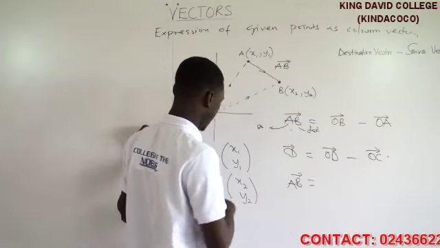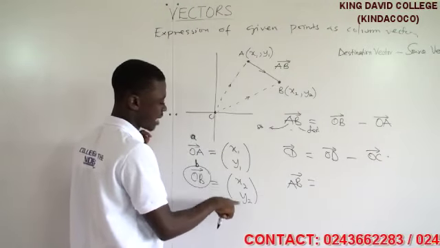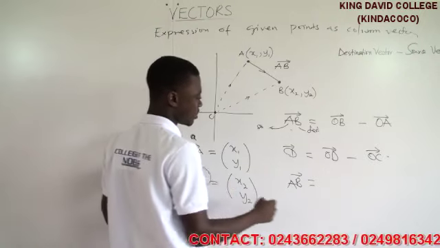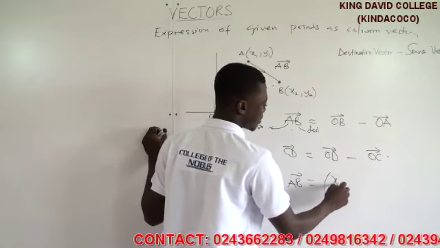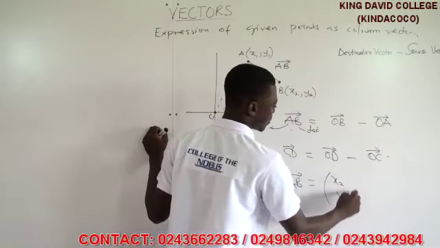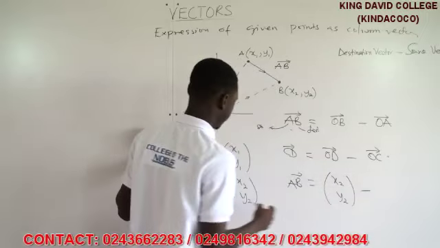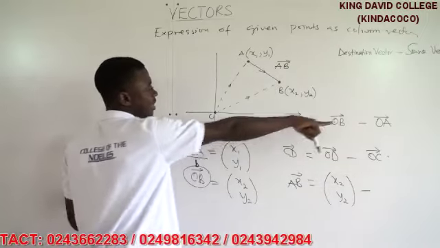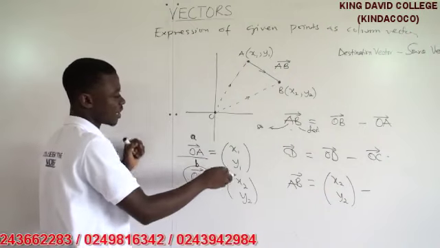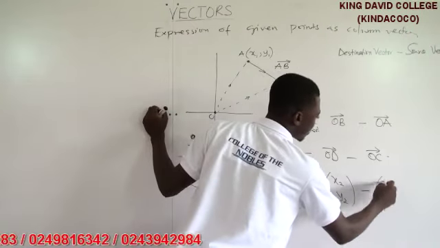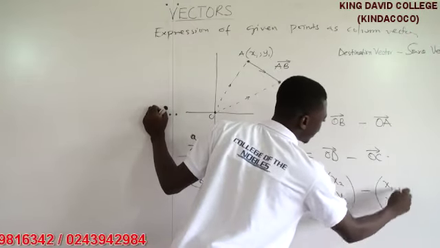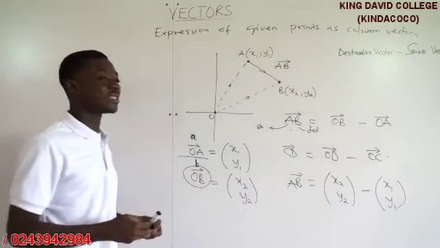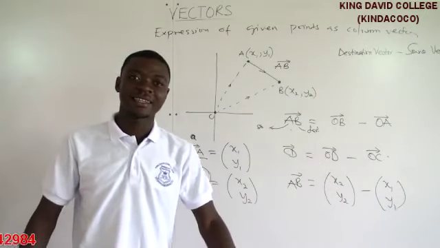So it's supposed to be OB, which is x2, y2, minus vector OA, which is already there: x1, y1. Then whatever result you get will be for vector AB.